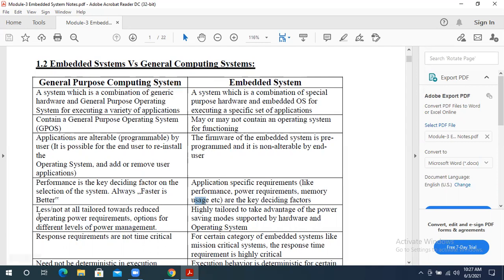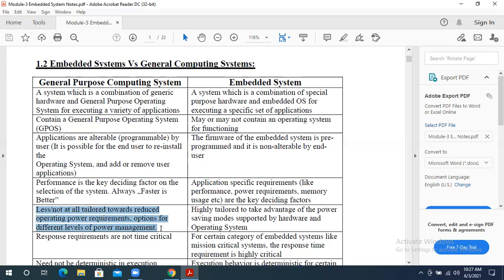Next, in this point they are focusing on power management here. For computers we need more power, but for embedded systems we need less power, because it has only one function and less memory. That's why it needs less power, and they always focus on power management here. But in computers we don't do that much research on power management. Other than this, we think of other properties.